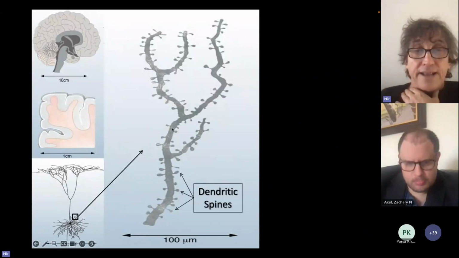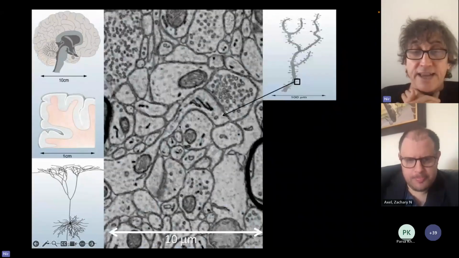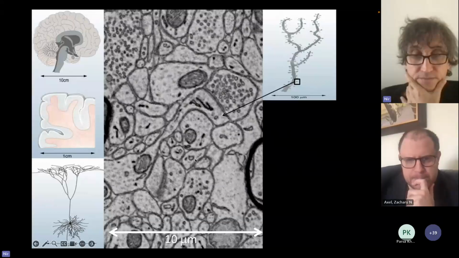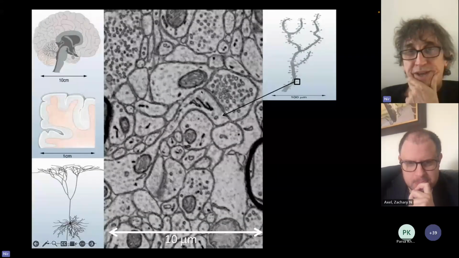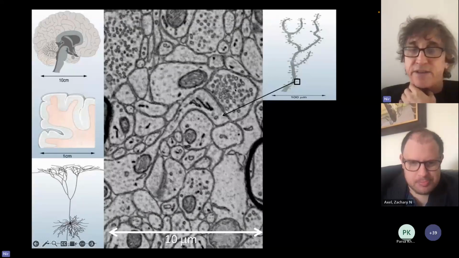So let's expand again and take a look at something that is just 10 nanometers. What do we see here? Actually, these are microns, not nanometers, because each one of these little things would probably be 30 nanometers.